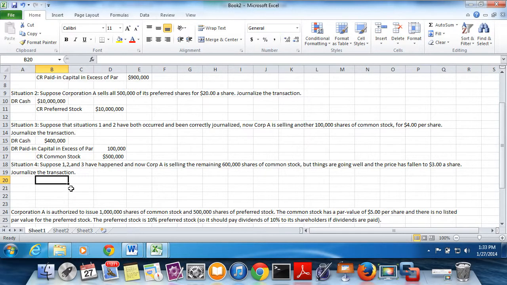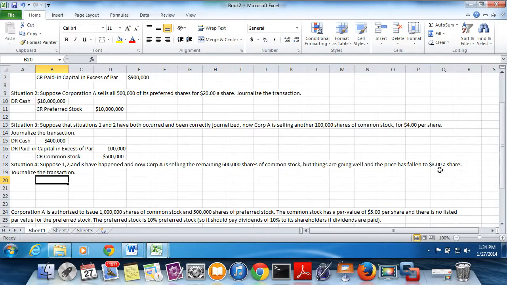Situation 4 is another sale of common stock. This time we're going to sell all remaining shares of common stock that have been authorized. Down here I copied that initial fact pattern over again so that you can still see it on the screen. So I have 600,000 shares of common stock, and things aren't going well for the company.